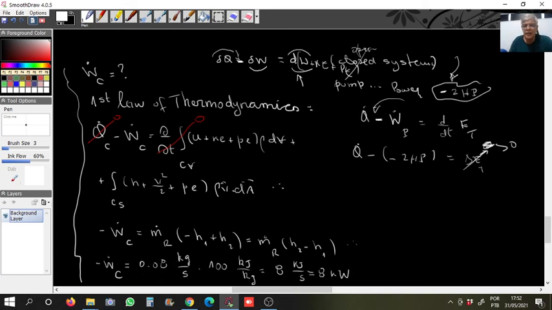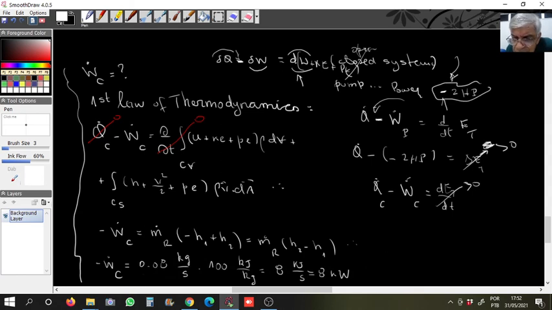We already discussed this. So in the first law of thermodynamics, the power that I calculate has to be negative, because I have, for the compressor, this minus power of the compressor. The energy has to increase, so this d/dt of the energy has to increase.